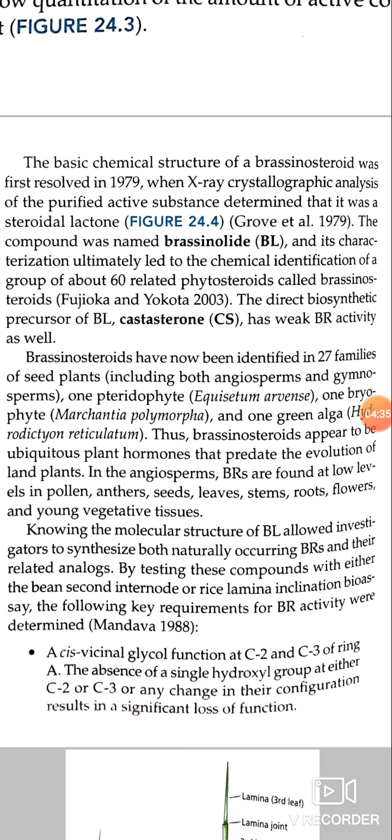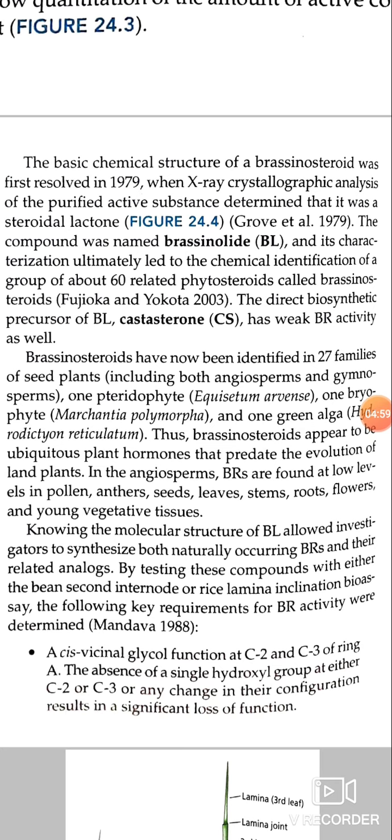Brassinosteroids have now been identified in 27 families of seed plants, including both angiosperms and gymnosperms, and one pteridophyte, which is Equisetum, one bryophyte, Marchantia polymorpha, and one green alga, Hydrodictyon reticulatum.